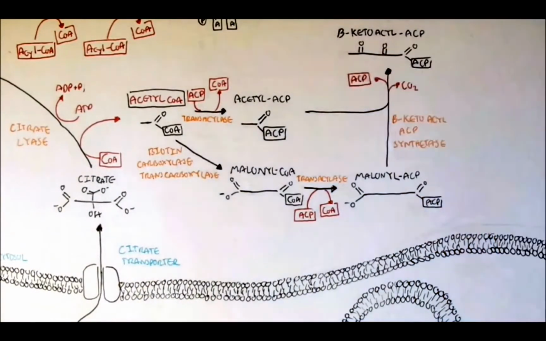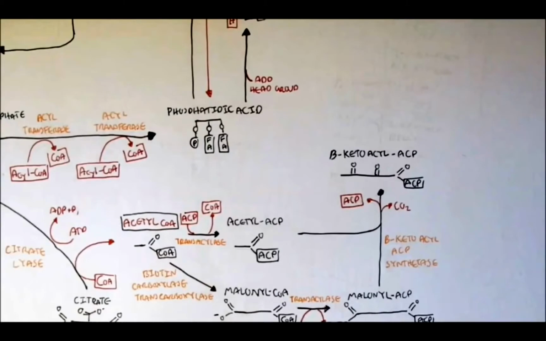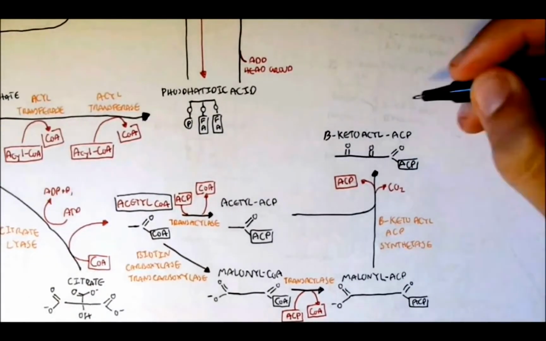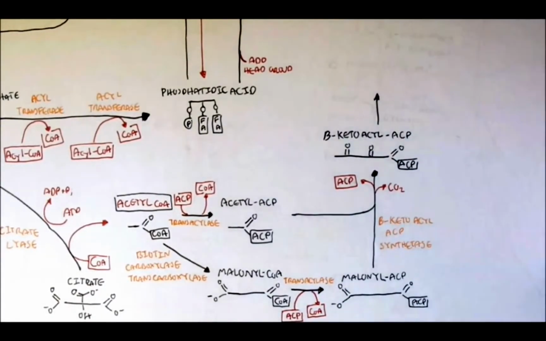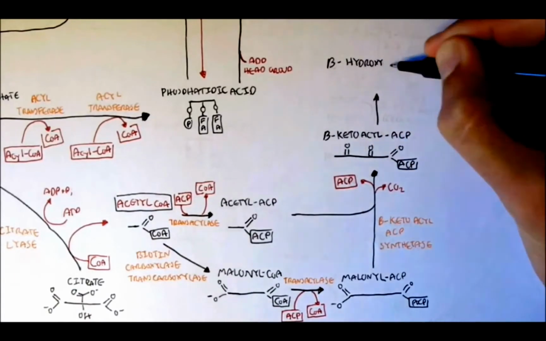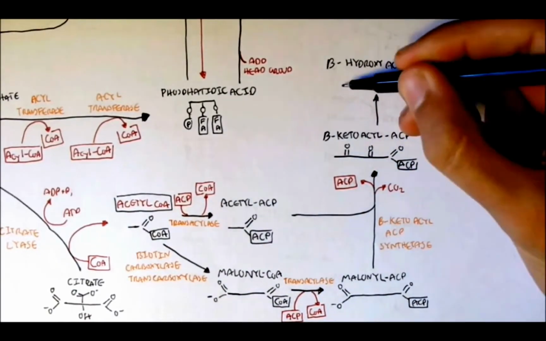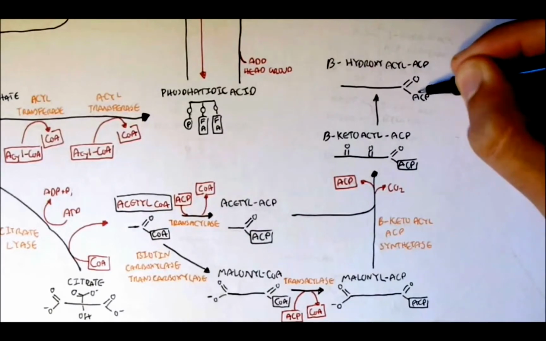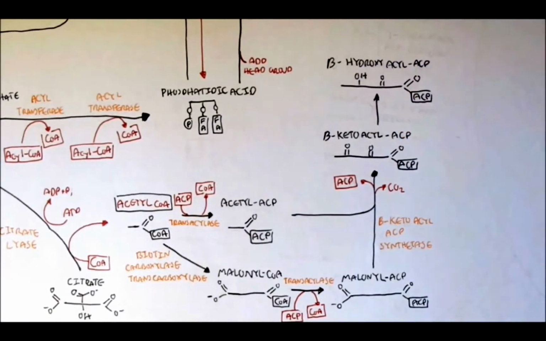One ACP was removed, and also a carbon dioxide group was removed. And this is a condensation reaction. And interestingly enough, the two carbon addition from malonyl and acetyl ACP to form acyl ACP is a four-step reaction process, as we've discussed: condensation, reduction, dehydration, and reduction.